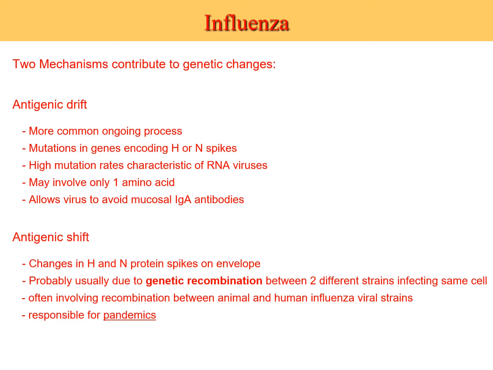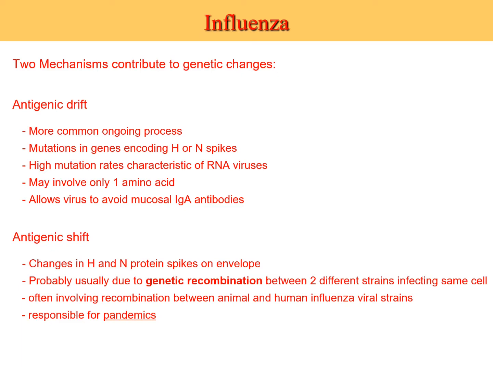They are large enough changes that any previous immunity is completely ineffective. With drift, there is maybe some effect, but with shift there's enough change in the virus so that a much larger proportion of the population is susceptible, and often it is enough to cause an epidemic outbreak.